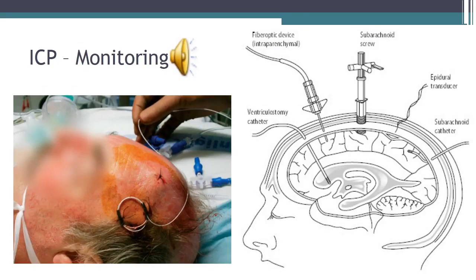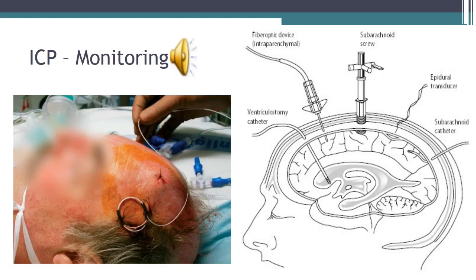Intracranial pressure monitoring is a very important aspect in the management of any head trauma patient. It can be achieved by introducing a catheter intracranially, either a fiber-optic device reaching the intraparenchymal location, that is in the brain substance, or subarachnoid screws that perforate the skull and reach the subarachnoid space.